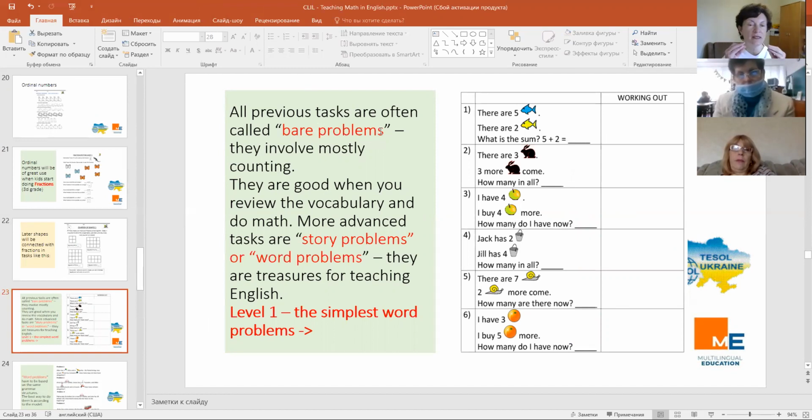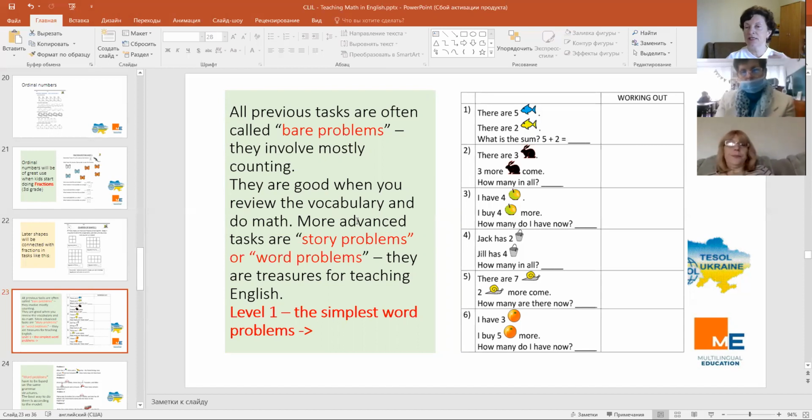It means that they are just for counting. However, for us as English teachers, it would be better to do more advanced tasks, which are called story problems or word problems.